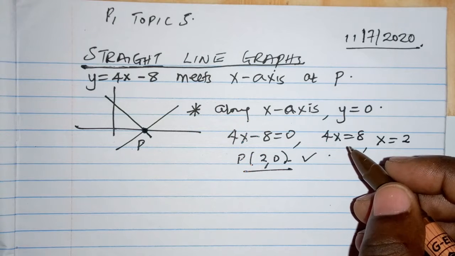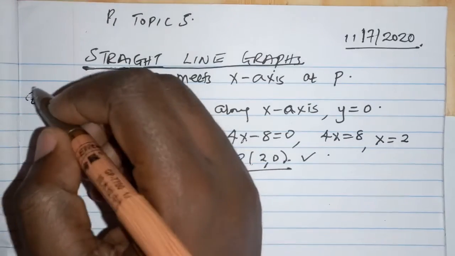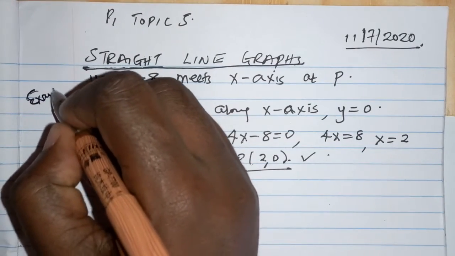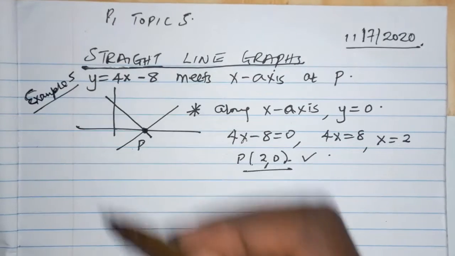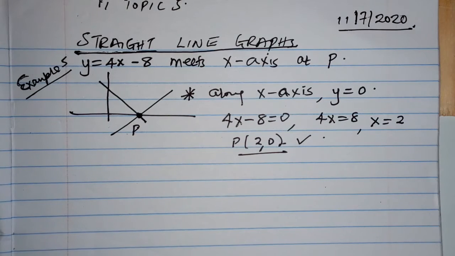That was example 5. Now, equations of a straight line. There is some information on page 89 under 5.2, equations of straight lines. We are told that you can define a straight line by giving a point on the line and the gradient, or two different points on the line.